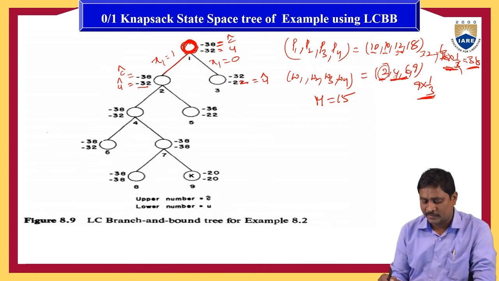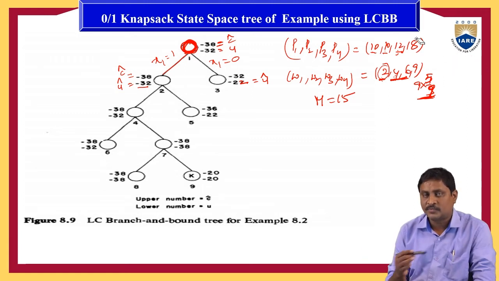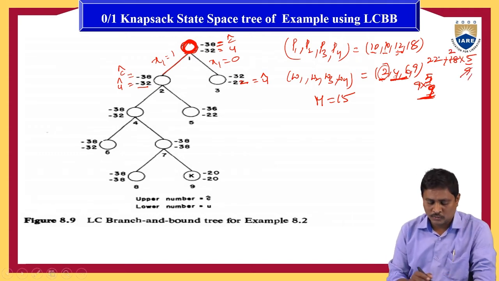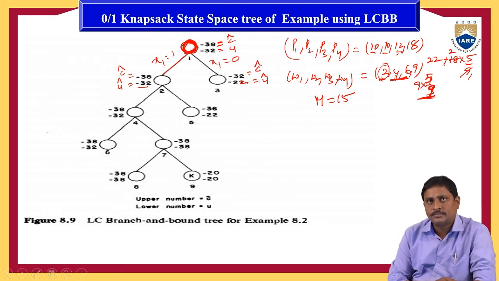Here also we take 5/9 part of this 18. 10 plus 12, 22, plus 18 into 5/9. 9 ones are 9, 9 twos are 18, 2 fives are 10, 10 plus 22, 32. 32 is the lower bound.